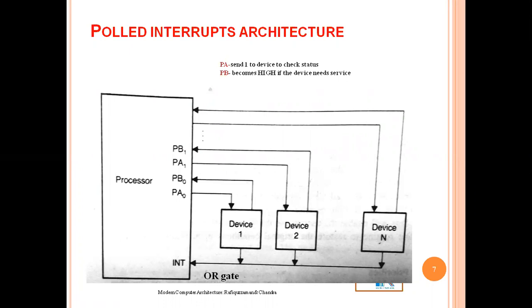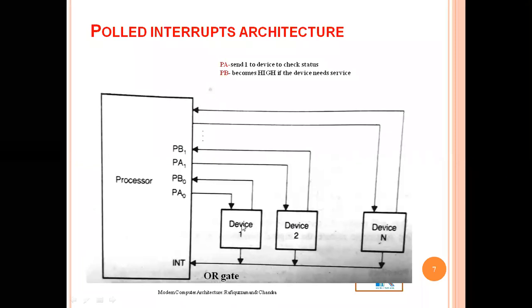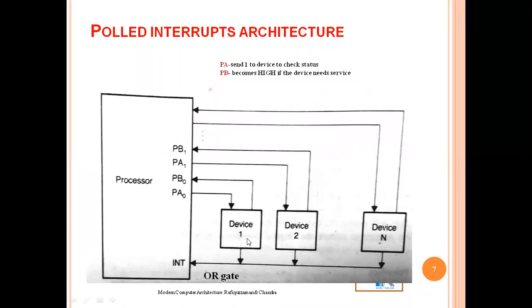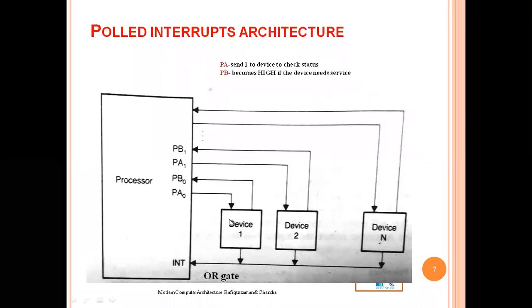So from that particular general service routine, it will go to the particular address in the memory where the interrupt service routine for device 1 is written. It will execute the program and data will be transferred from the device to the processor. Clear?